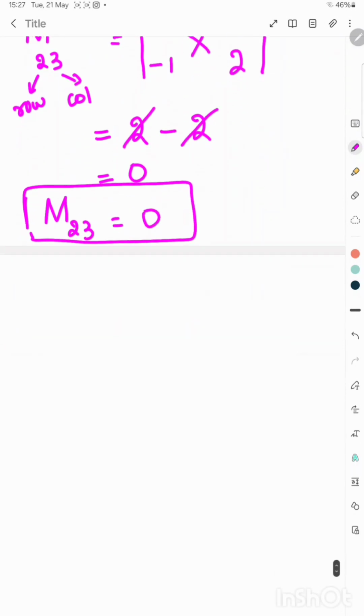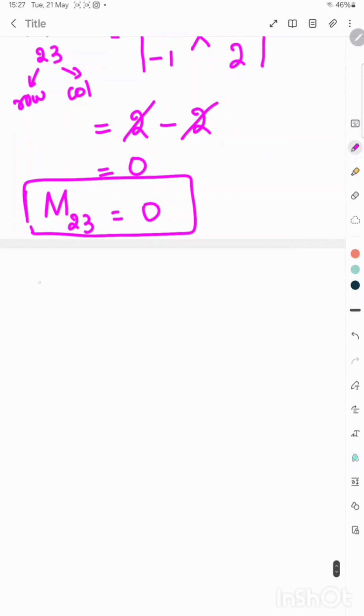Now I will go for the next set of minors, which was M31, M32 and M33. So first I will solve for M31. Here 3 is the number of the row as it is on the left side, and on the right side 1 shows the number of the column. So it means that now I will eliminate the third row and first column of the given matrix.